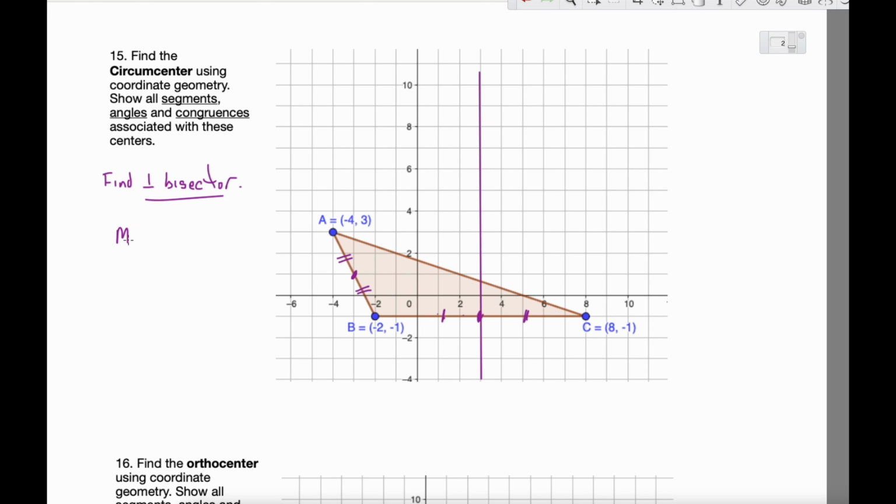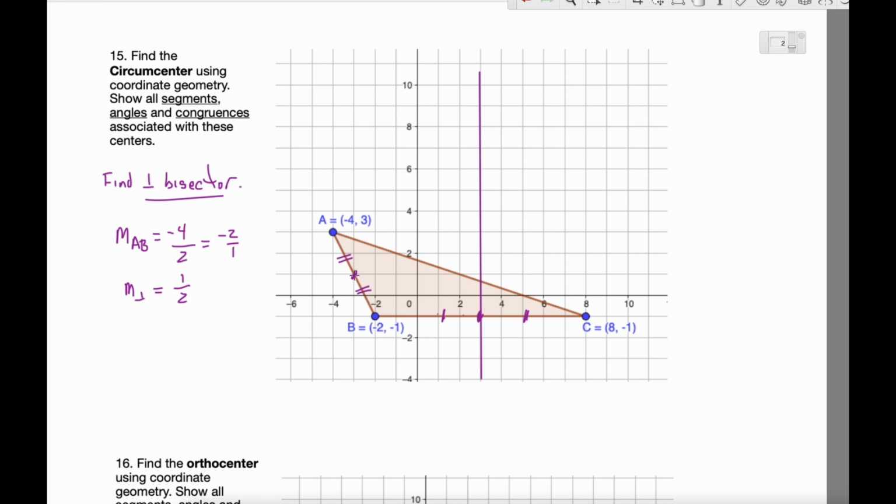What is the slope from A to B? I already said it, right? Down 4 over 2. Down 4 over 2 simplifies to -2 over 1. Well, we need a perpendicular line to that segment. So that means we need to take the negative reciprocal of -2 over 1, which is 1/2.